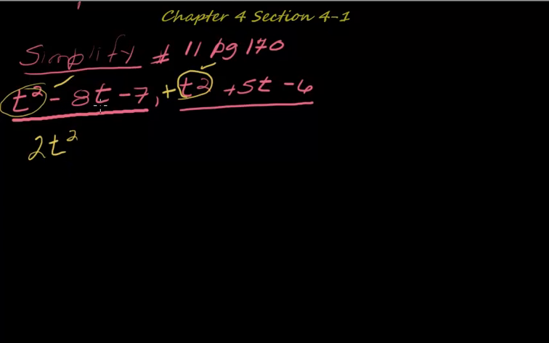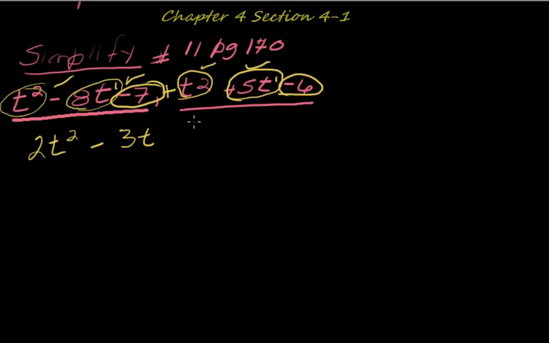So this is understood to be t to the 1, and this is t to the 1. So we have a negative 8t plus a positive 5t, which results in minus 3t. Those are done. Now we're left with a negative 7 plus a negative 6, which is minus 13. That is as far as we can go with this. We can no longer simplify or combine terms.